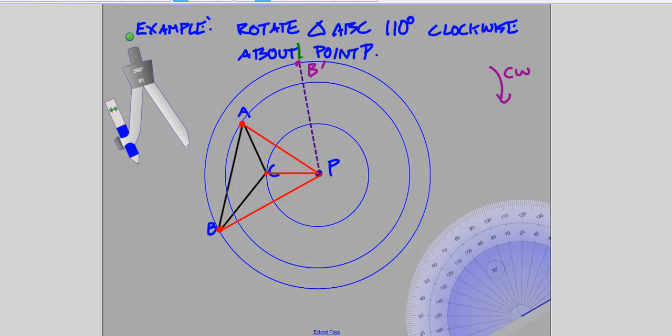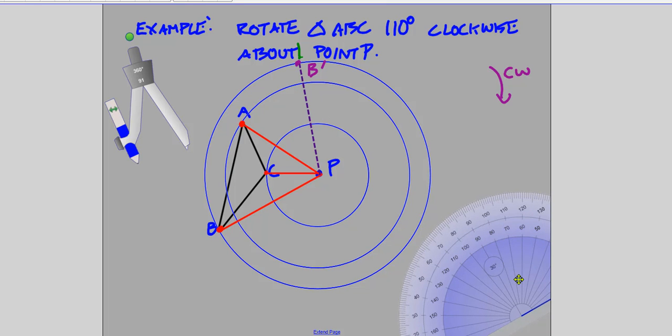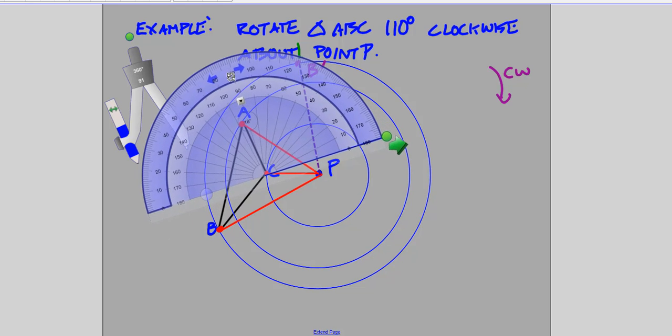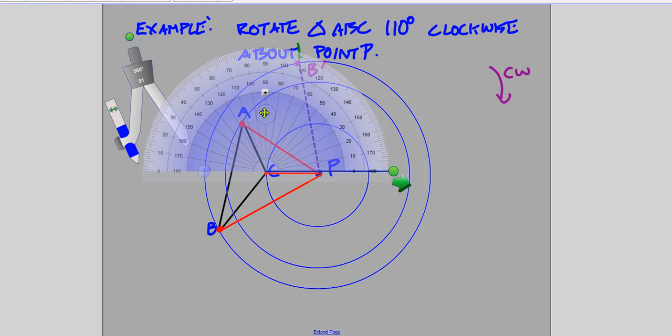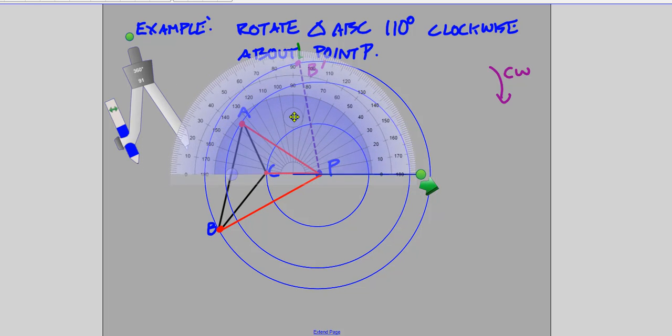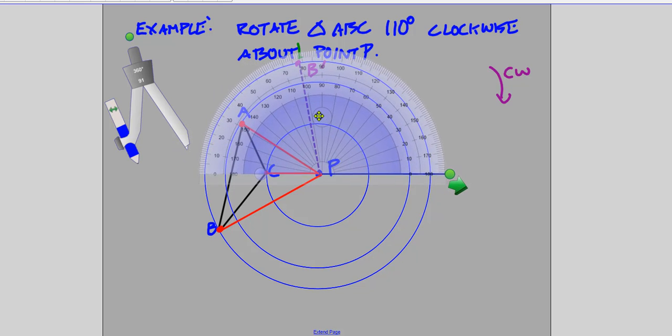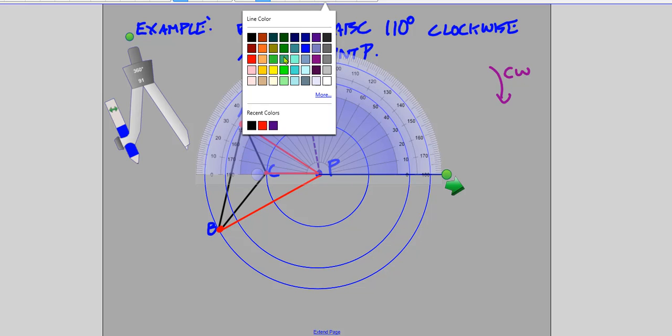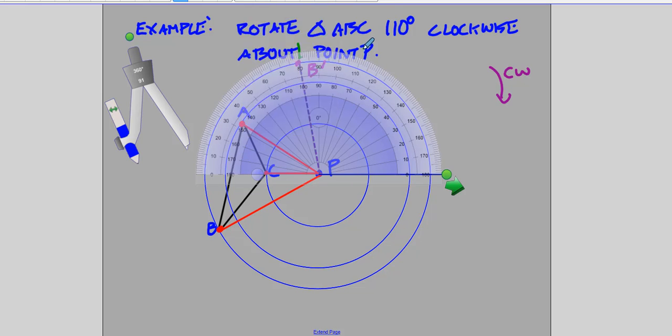Alright, let's do the same now for A and C. Let's move our protractor back in place and line it up with C this time. I want it right there in the center. Now I need 110 degrees from this line segment. So this is 10, 20, 30, 40, 50, 60, 70, 80, 90, 100, 110. I'll use a little darker green.